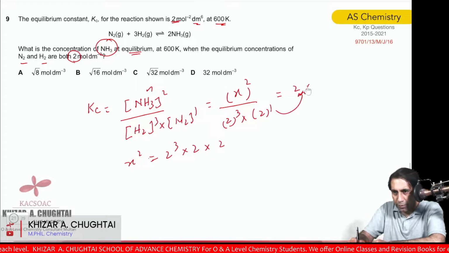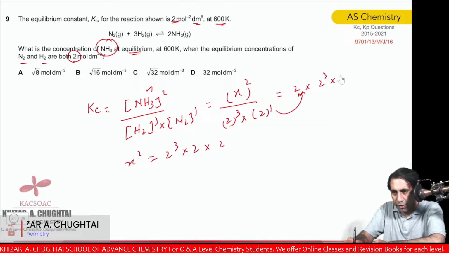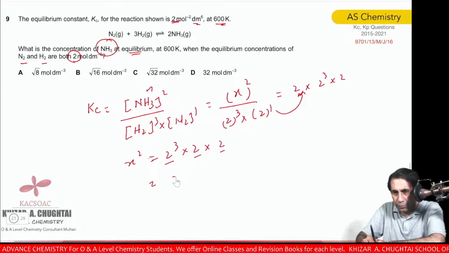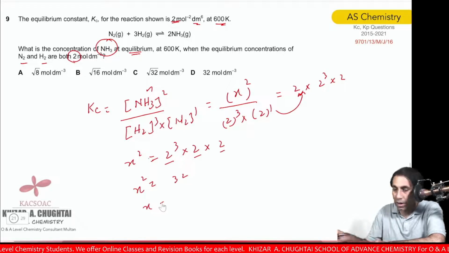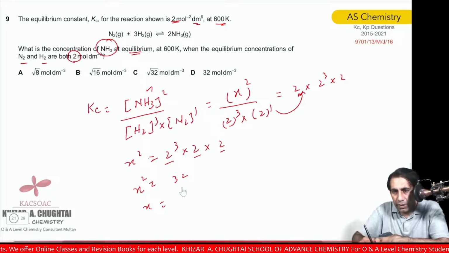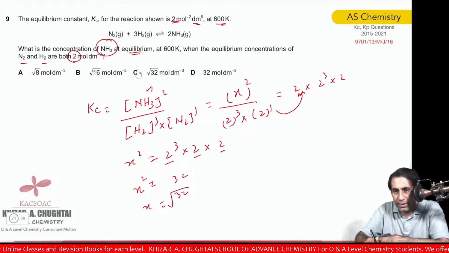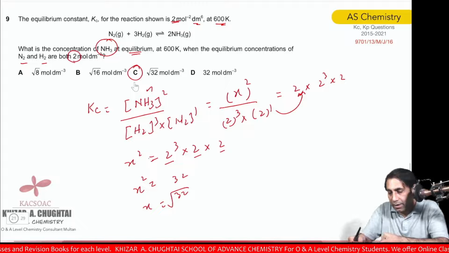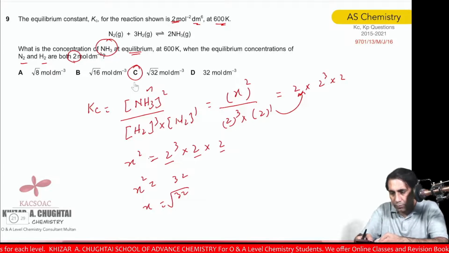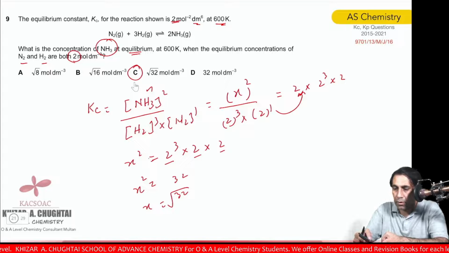So 8 into 2, 16, 16 into 2, 32. X raised to power 2 is equal to 32. And what will be the answer of X? Under root of 32. Yes, it is correct. C is the correct option. Right.